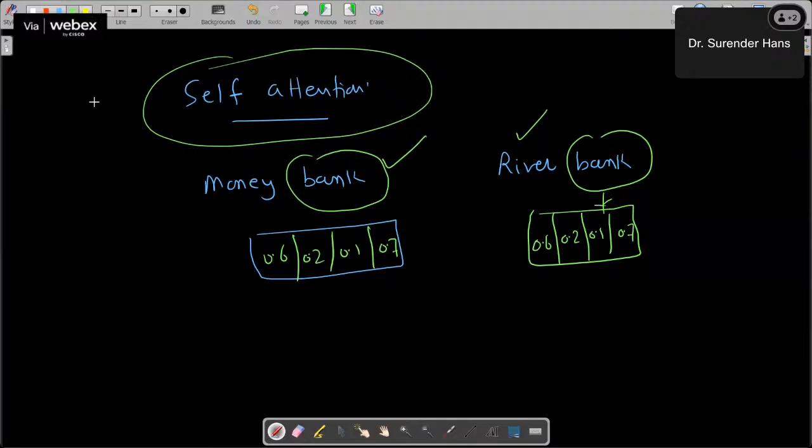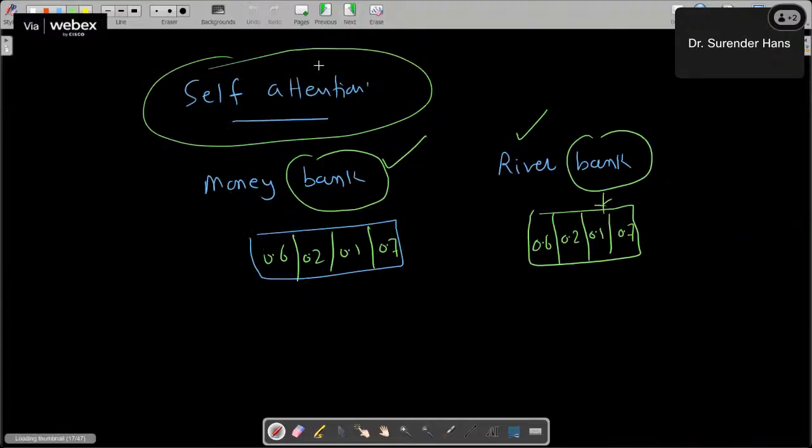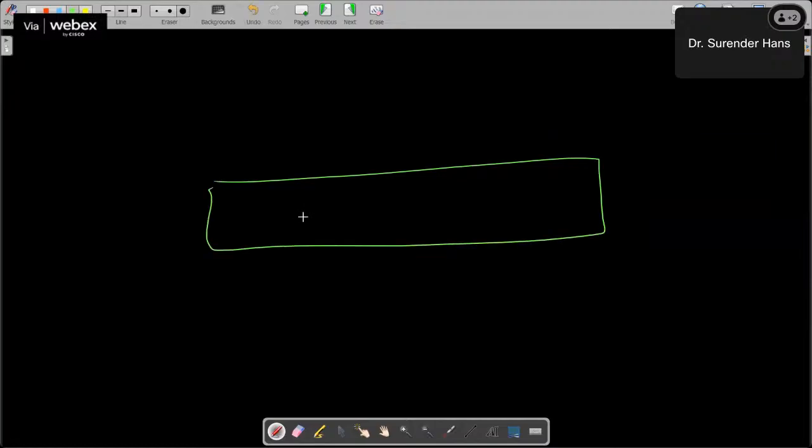Clear? So now let me explain what is inside this self-attention, and how it converts this static word embedding into the contextual embedding vector. Clear? So now the flow diagram of self-attention in a transformer is kind of like this.